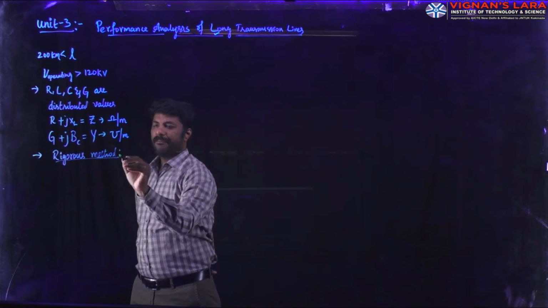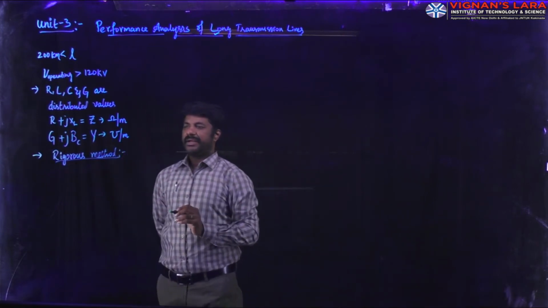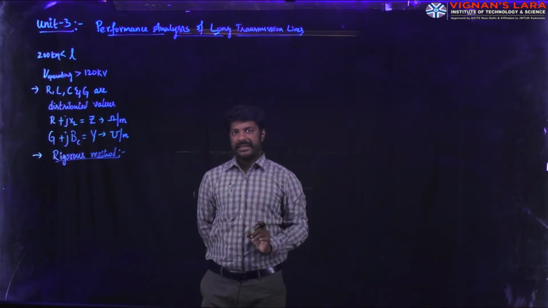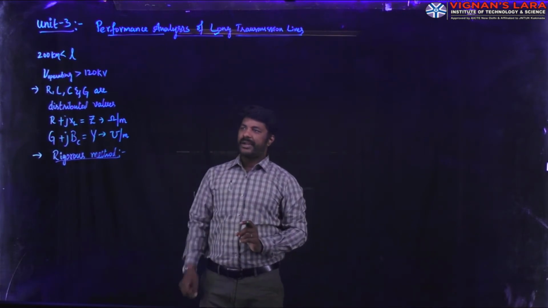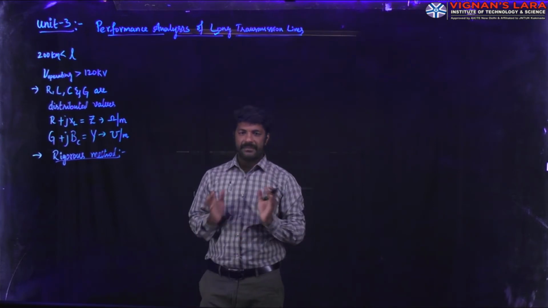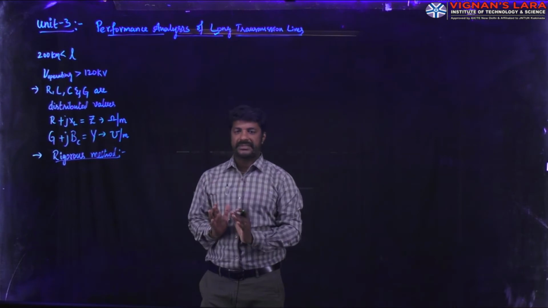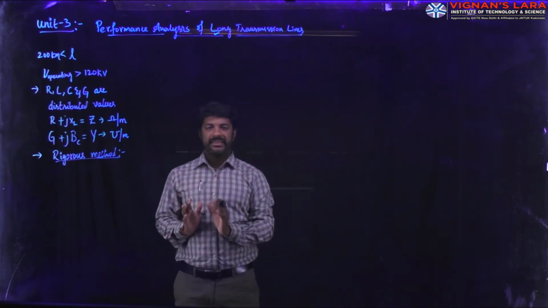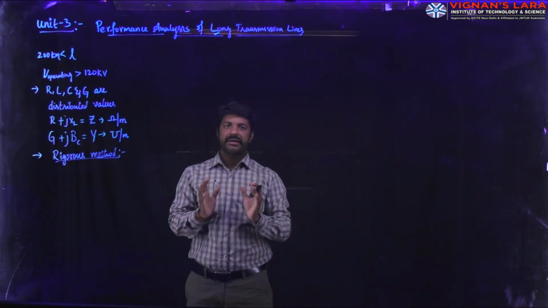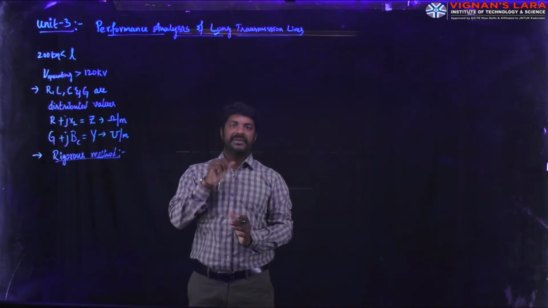Before applying this rigorous method, let us first see how to represent the long transmission line mathematically. Since they are distributed elements, we can't show the entire magnitudes of Z and Y as lumped or concentrated at one location. In the anti-condenser method we showed it nearer to the load side. In the T method we showed it at the midpoint of the transmission line.